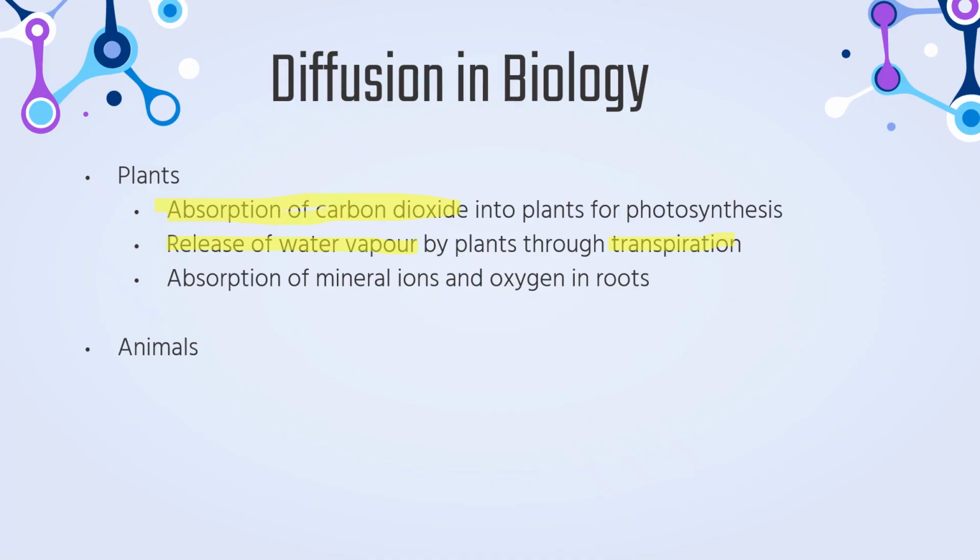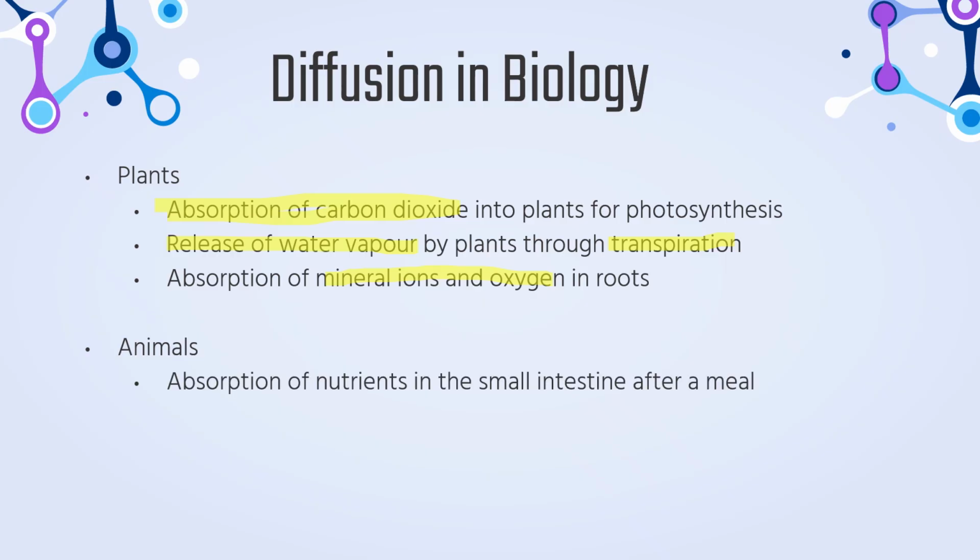When we talk about roots absorbing mineral salts and oxygen, it is also diffusion. For animals, when you study digestion, after you eat, the nutrients that you eat will be absorbed into the small intestine. This absorption is also diffusion, partly. And when you inhale, the oxygen in your lungs will diffuse into the blood.